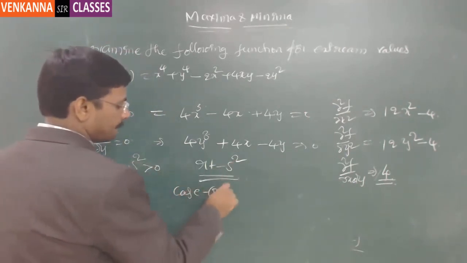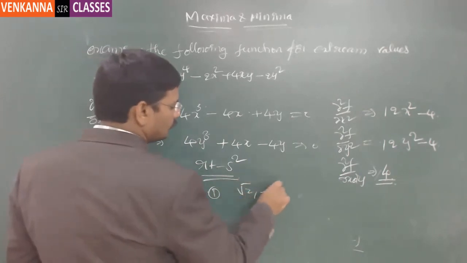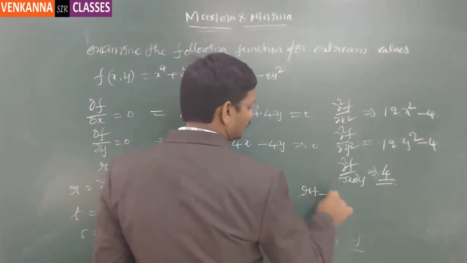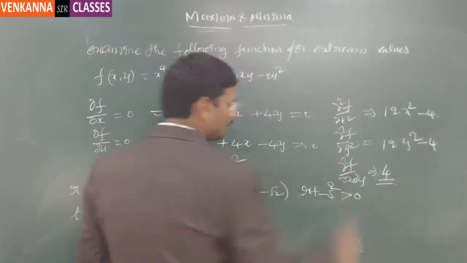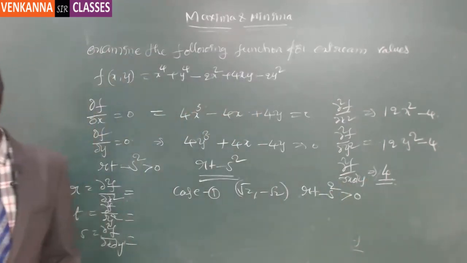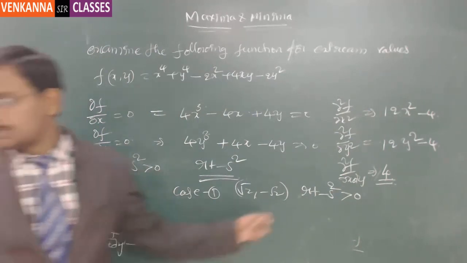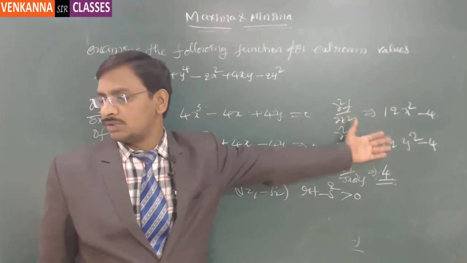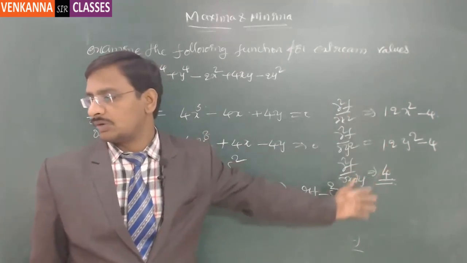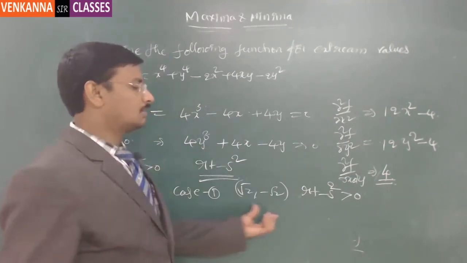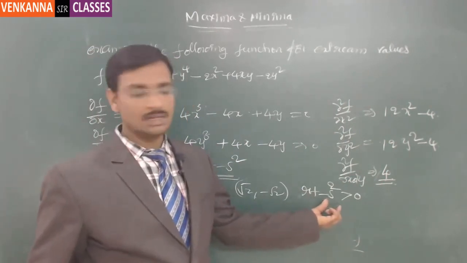Case 1. So root 2 comma minus root 2. Now rt minus s square for this one, is it positive or negative? You can substitute the values root 2 comma minus root 2 in this equation. So you are going to get a positive value. In case 1, rt minus s square is greater than 0.